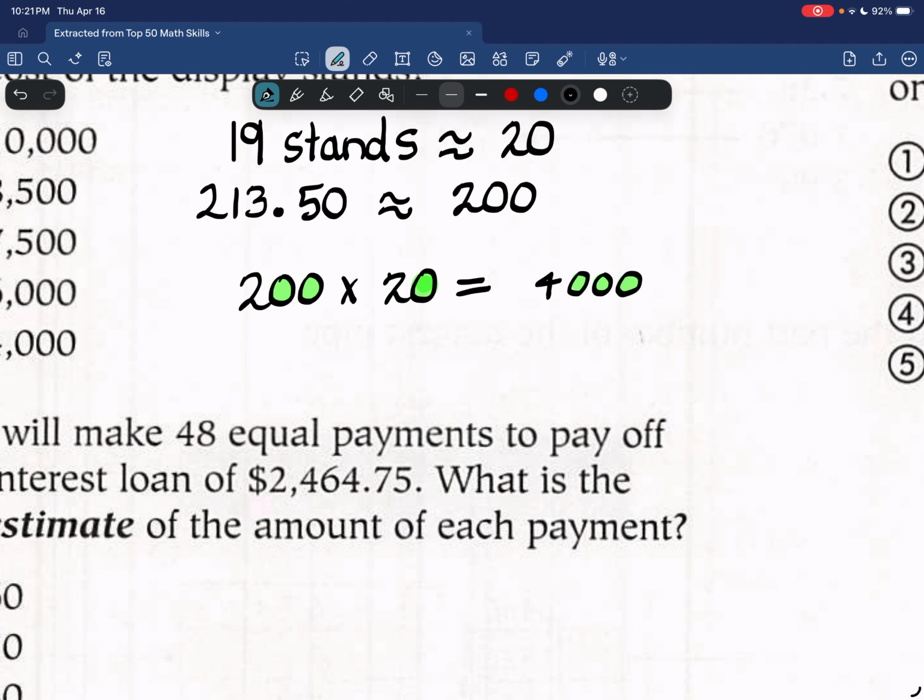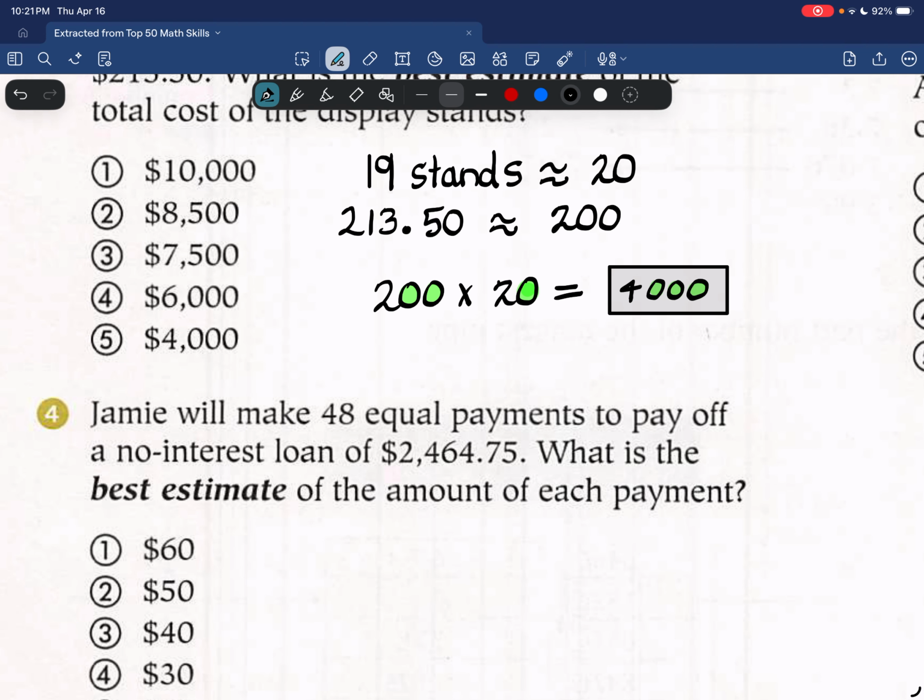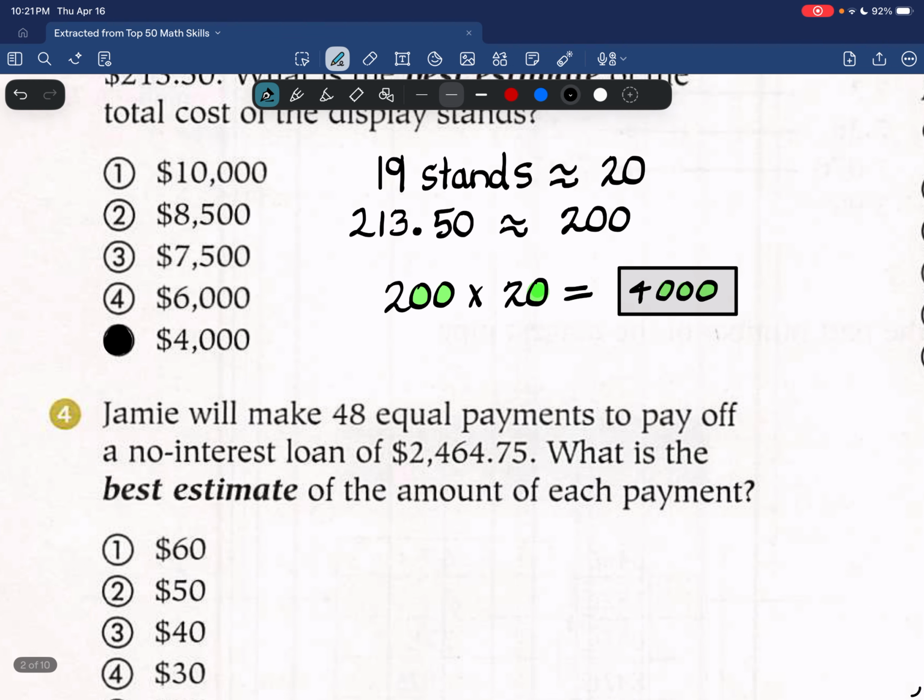So I really like this estimate because I see it in my choices. Number 5 is the best estimate for this problem, about $4,000.